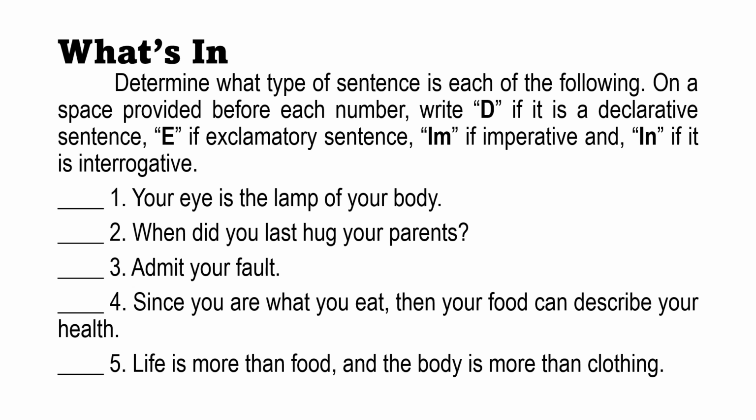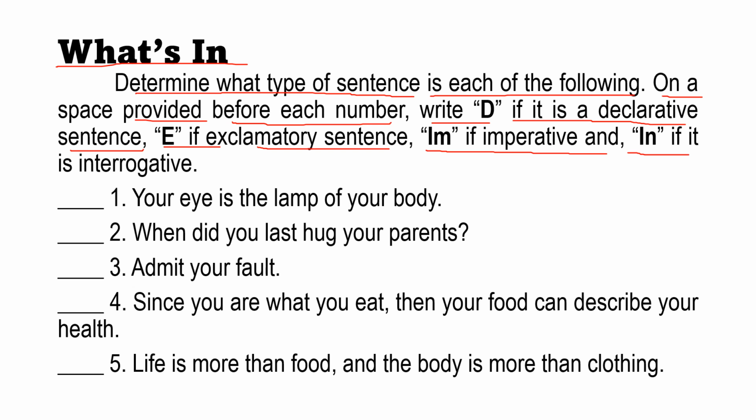So let's deal now with this What's In activity. Determine what type of sentence is each of the following. On the space provided before each number, write D if it is a declarative sentence, E if exclamatory, IM if imperative, and IN if it is interrogative.